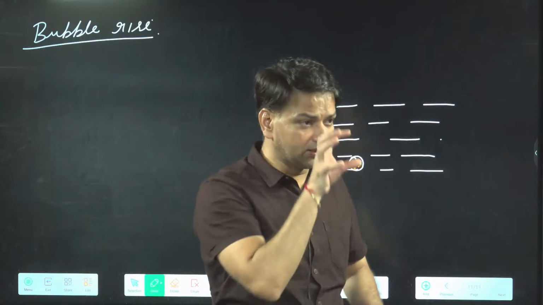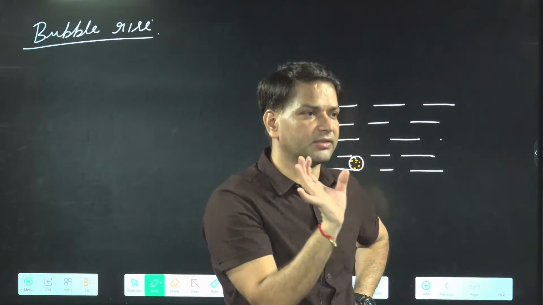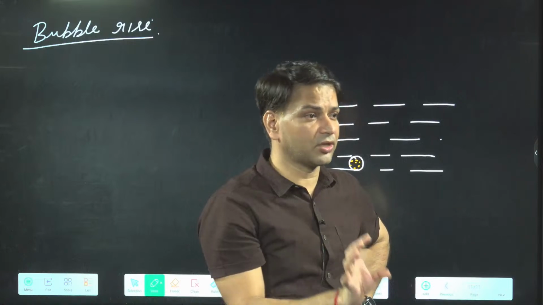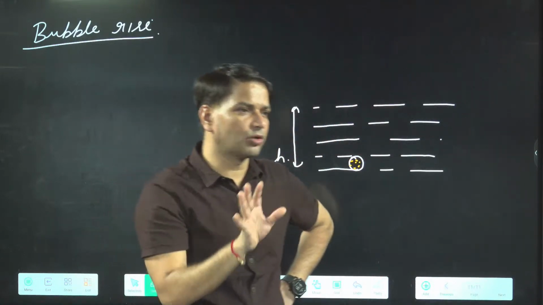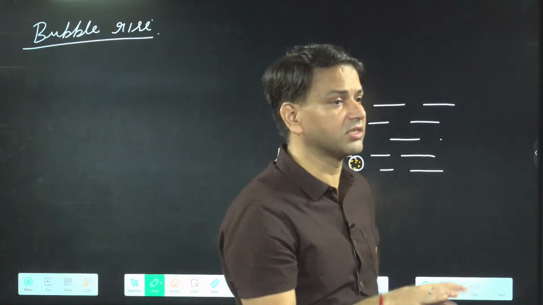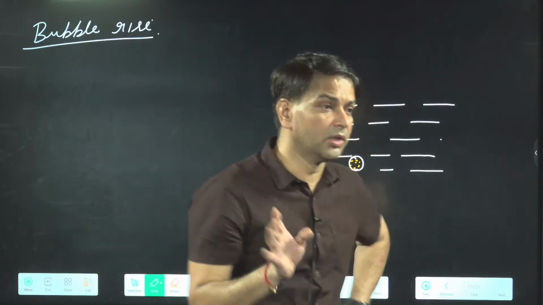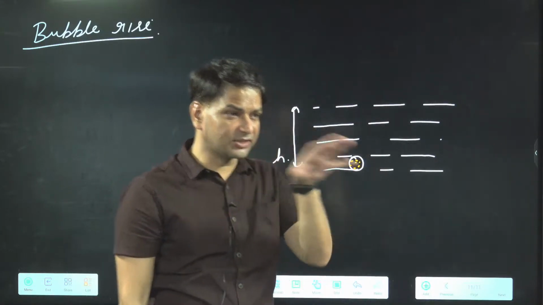Inside air is the gas, so the mass of the gas is not changing. It is a constant given mass of the gas. We are assuming that the temperature of the surrounding is constant. So temperature is constant for a given mass of the gas, then pressure is inversely proportional to the volume. So what will happen when the bubble starts rising? Gas is not added.